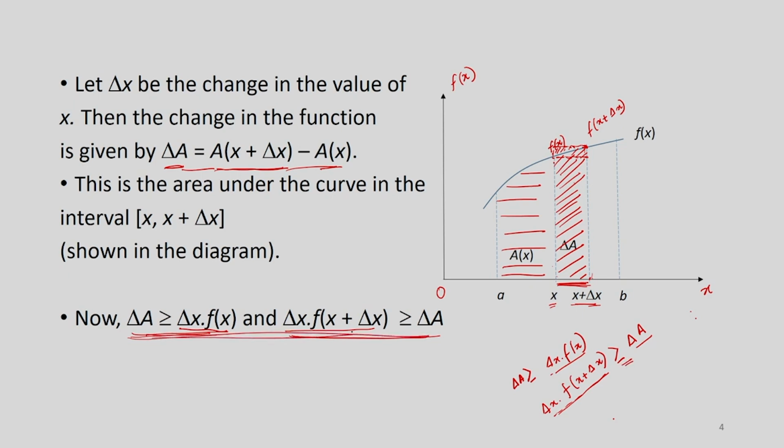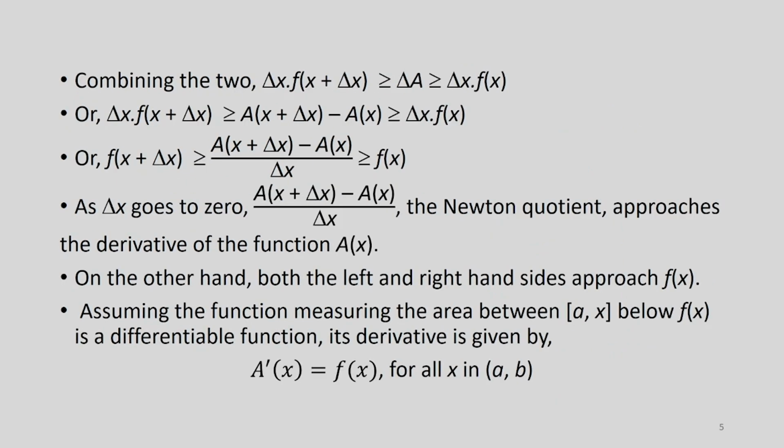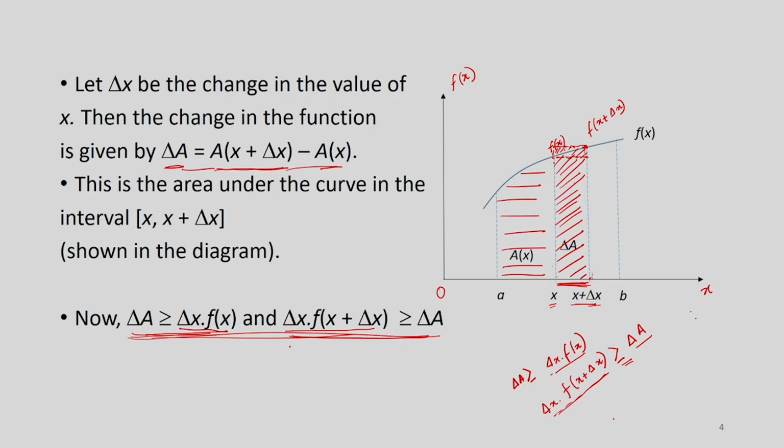Both these two things are correct, and we can combine these two relationships in a single relationship actually, because delta A is common to both of them. Combining these two, we get this, right. Just to make sure whether we have done it correctly, delta x multiplied by f of x plus delta x is greater than or equal to delta A. Yes, that is true here.